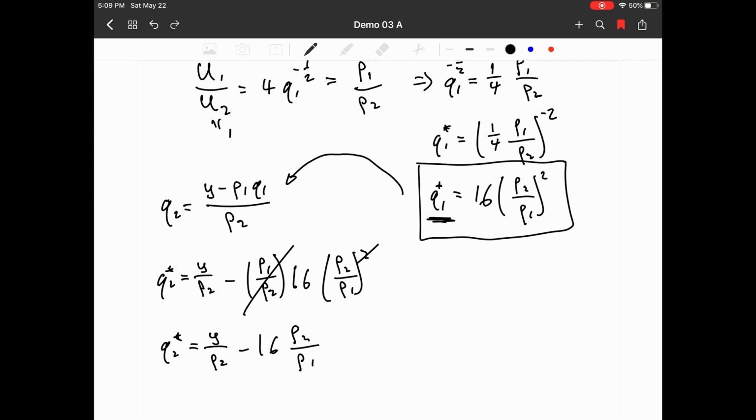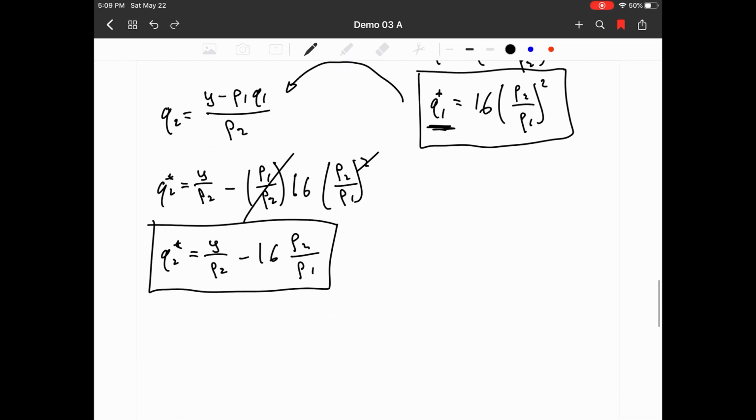So let's plug in some numbers here. Now that we have these parametric forms for Q1 and Q2, let's say income is equal to 12. Price 1 is equal to 2, and price 2 is equal to 1.